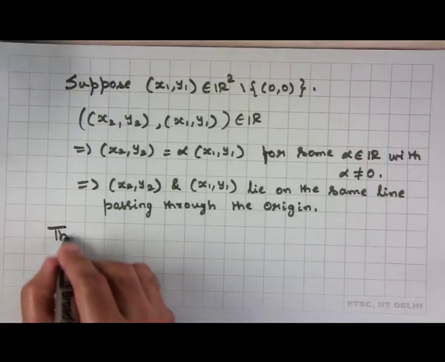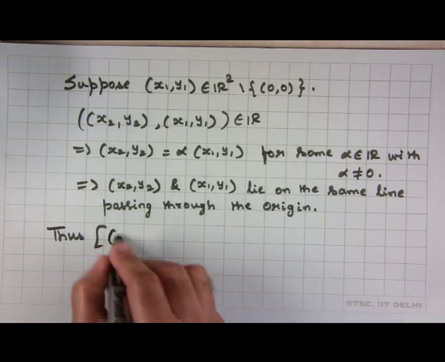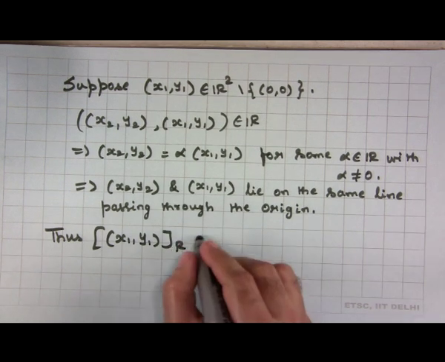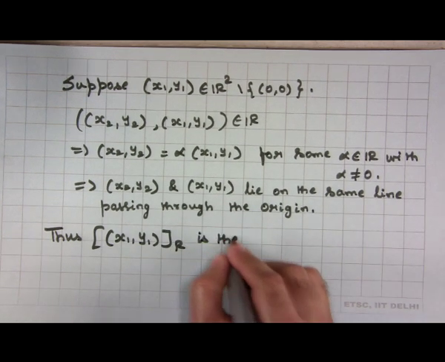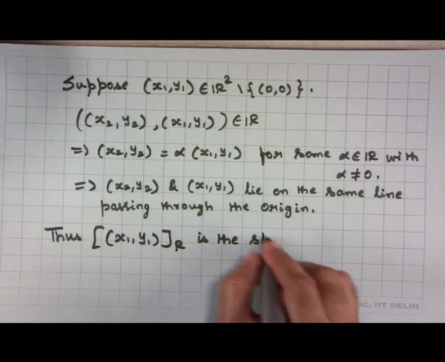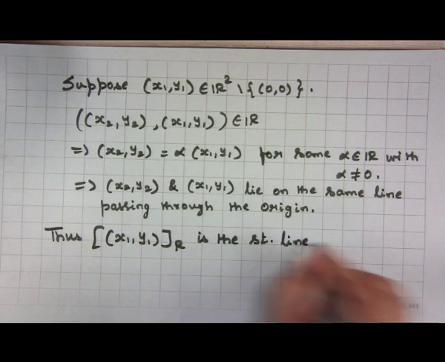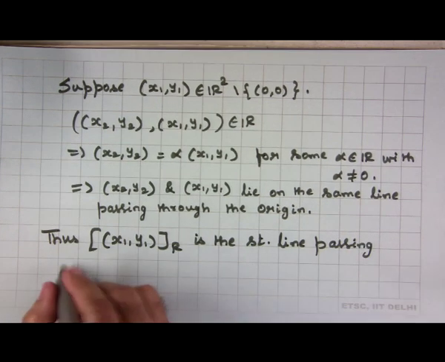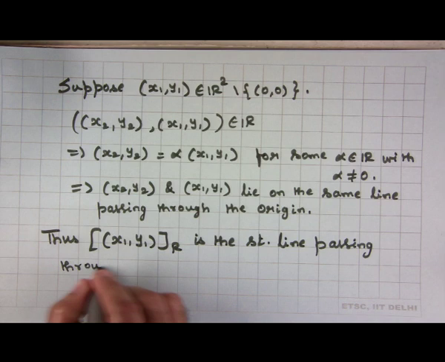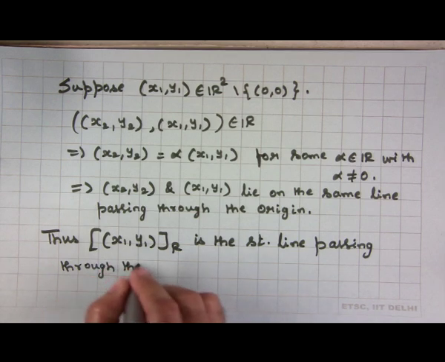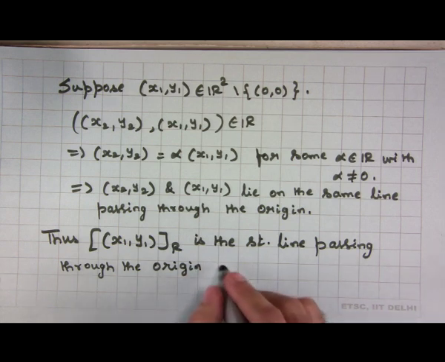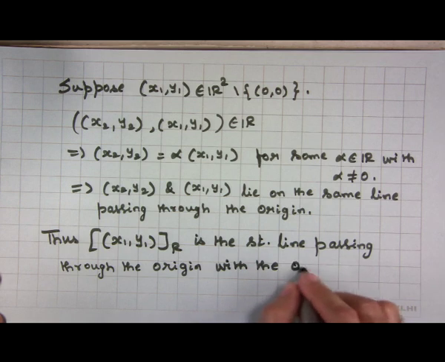Thus, box (x1, y1) with respect to R is the straight line passing through the origin with the origin removed.